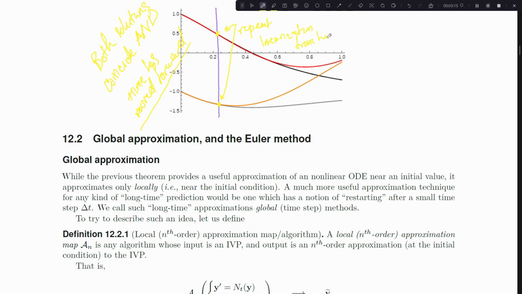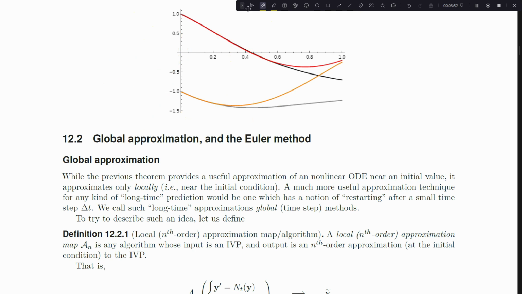So we can basically run a linearization over a tiny time step, I guess 0.21 or something in this case. Then I find new points where I exist at, re-linearize, and then run a linearization over maybe another time step, and that might get me here and here, and then I could re-linearize at these points, and it probably gives me a much better approximation, because at each step it's calculating new tangent lines to the true curves, right?